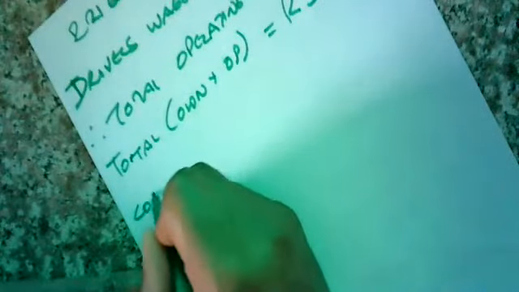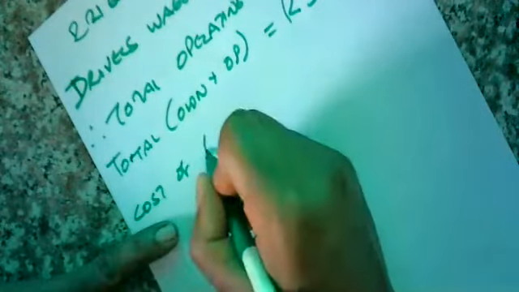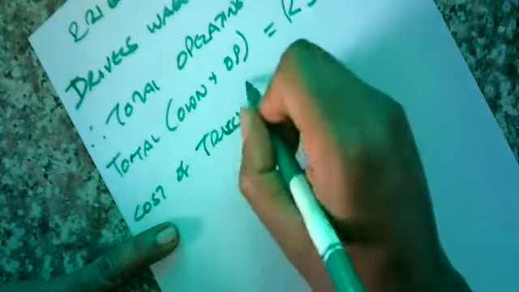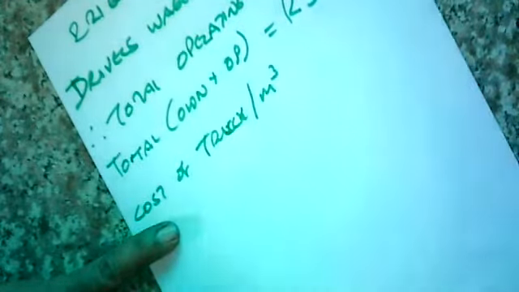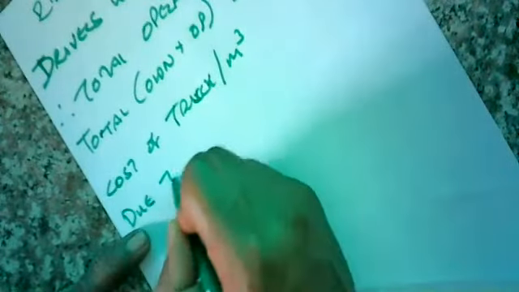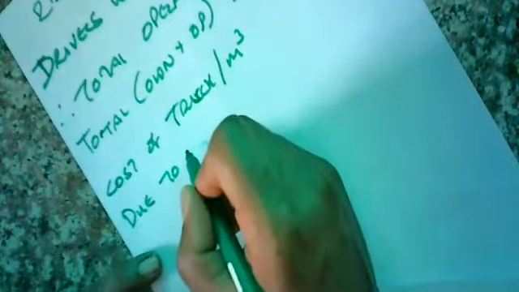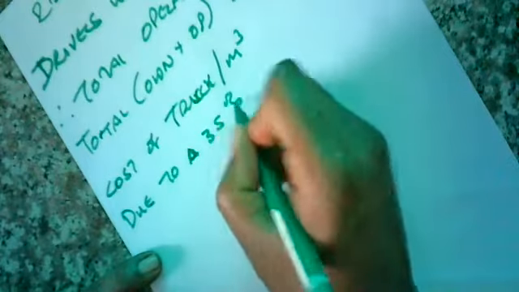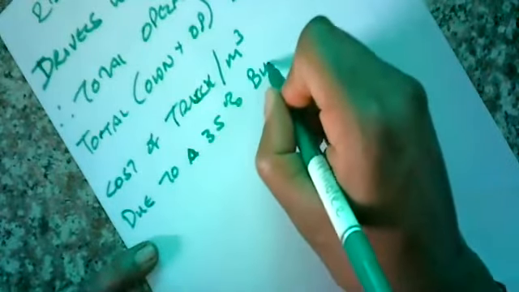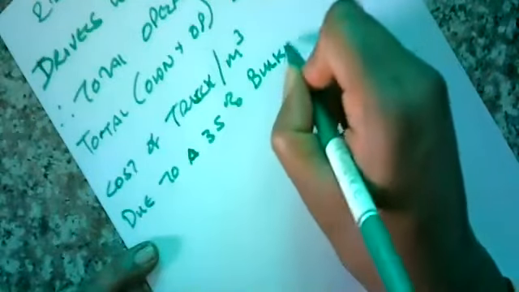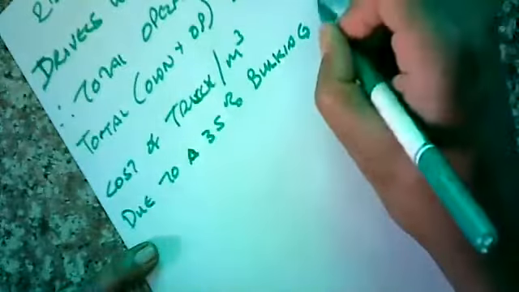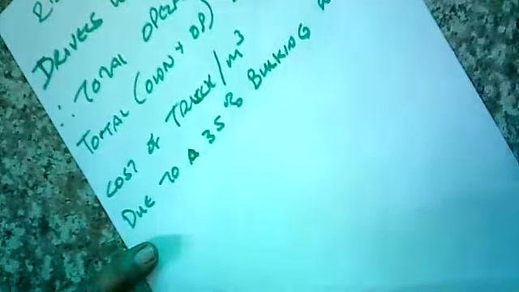Right, so let's look at cost of truck, per meter cube. Due to a 35% bulking factor, your truck will not actually carry the exact amount in that bin. So let's work out how much it is carrying.